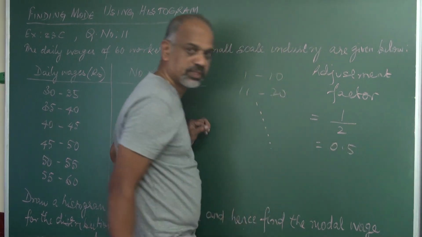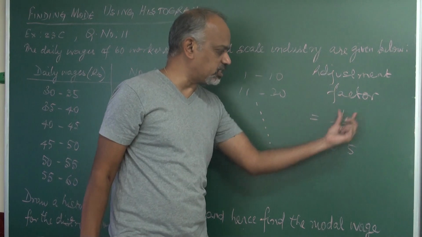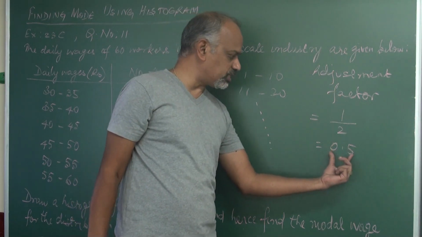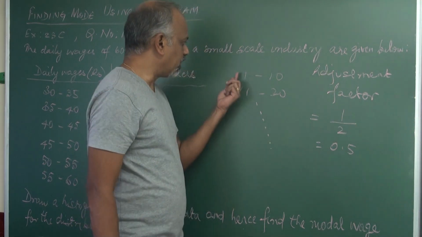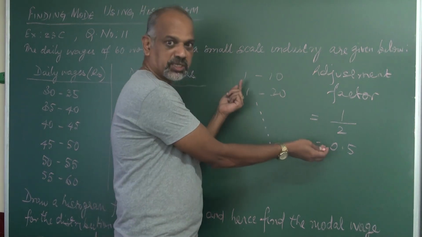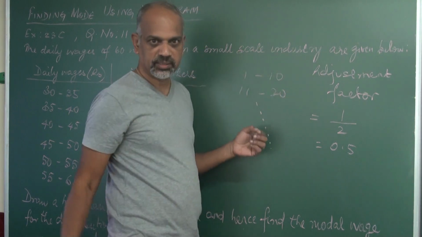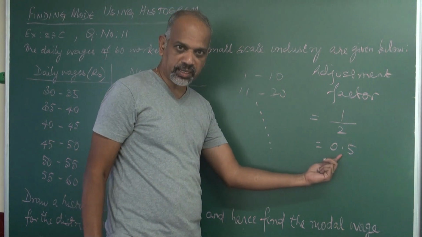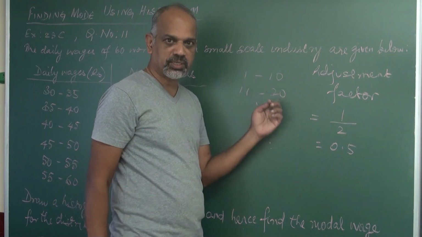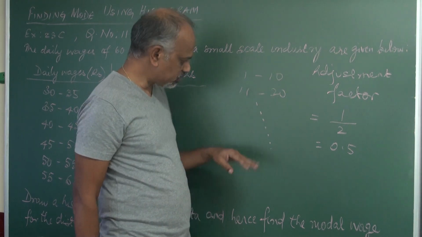So that becomes the adjustment factor. Now what you do with this adjustment factor is, from the lower limit, you will subtract the adjustment factor, and to the upper limit, you will add the adjustment factor.